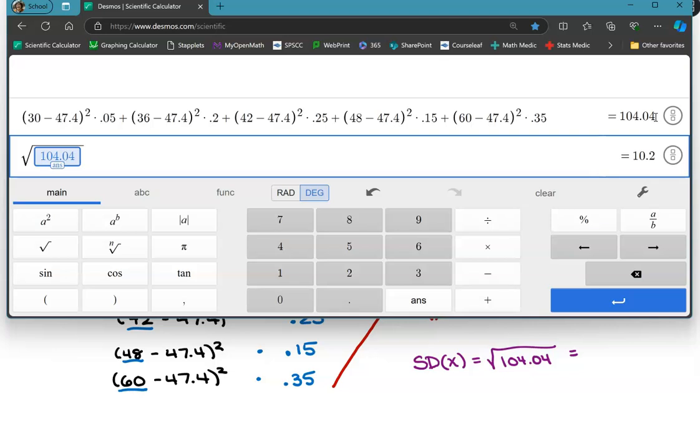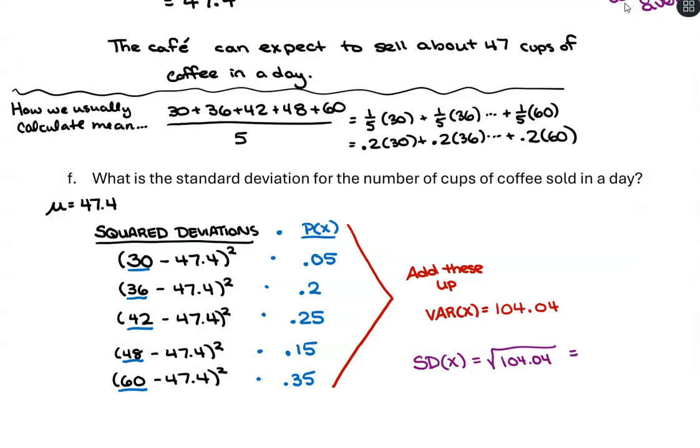This rounded nicely to 2 decimal places, but sometimes these can get messy. And again, you want to keep it as accurate as possible for as long as possible. But this one isn't too bad. But that's what I would typically do, is save that answer and then go square root and have it grab that accurate answer. And we're getting a 10.2.